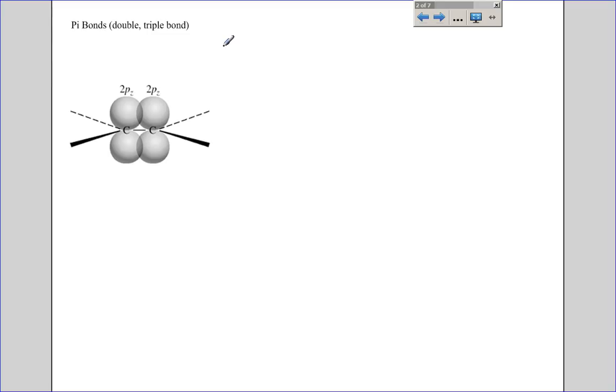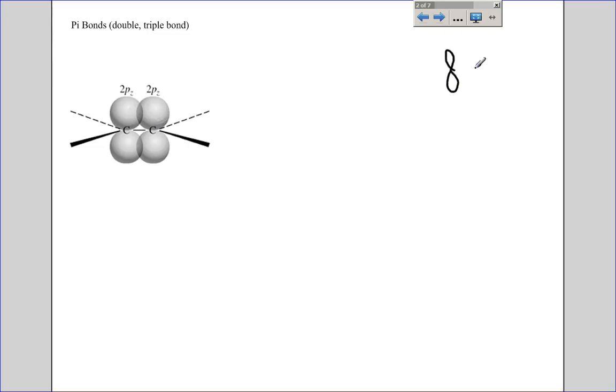Right here, we're looking at a molecule of C2H4, and there's a double bond between these two carbon atoms. The second bond in this molecule has arisen from a pi overlap, whereby we have two p orbitals that are parallel to one another, and they cannot come in contact directly with one another.